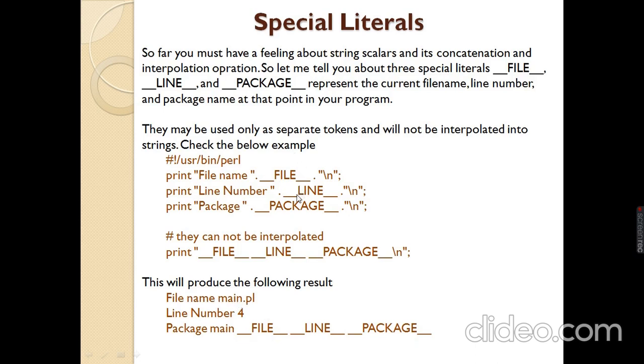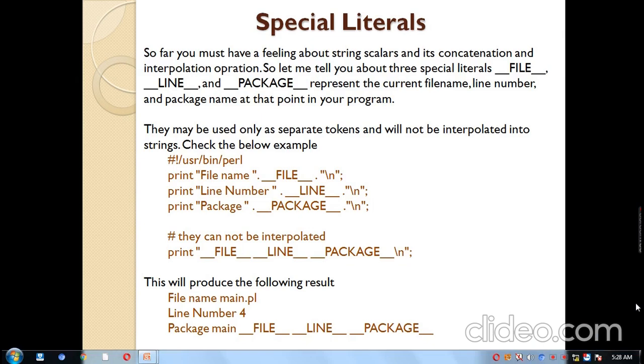Current file name means whatever file name we are using. And second is line, that is the line number, and package represents the package name at that point in our program.